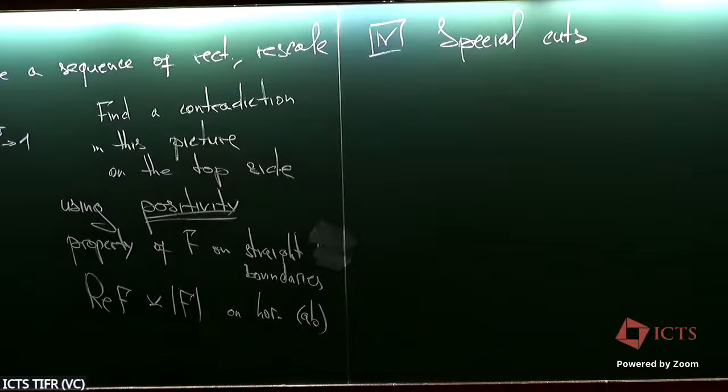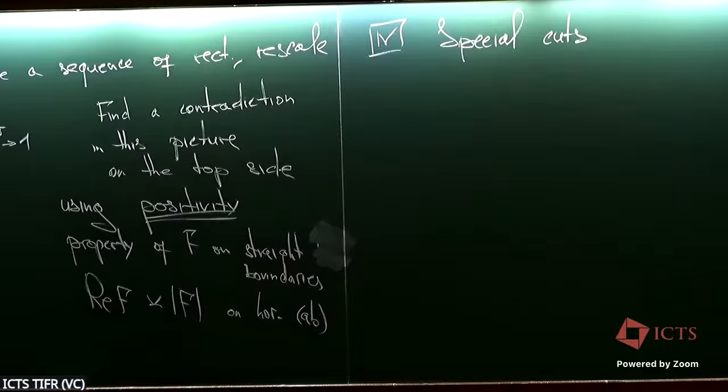Then if you have a straight boundary and you think about the interface that touches these red points, then the winding number of this interface on the horizontal line is always 0. That's what says that the observables are just real.